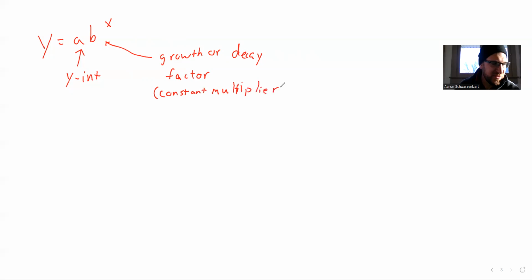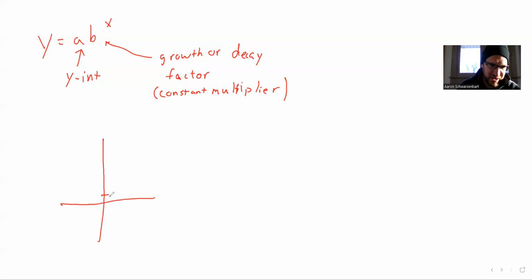There we go. Having trouble spelling this morning. So what does changing the b value do? Okay. Well, changing the b value is going to change how steep it is.